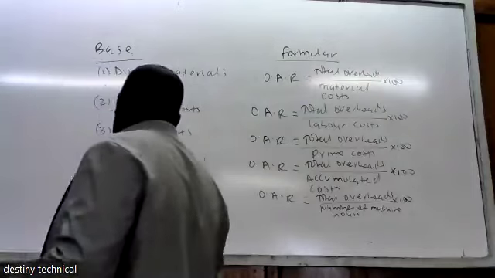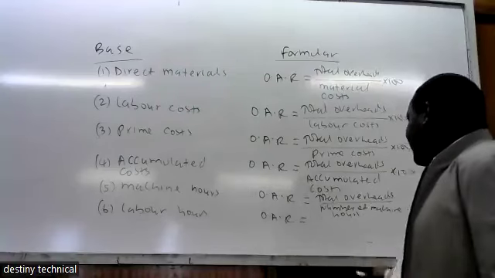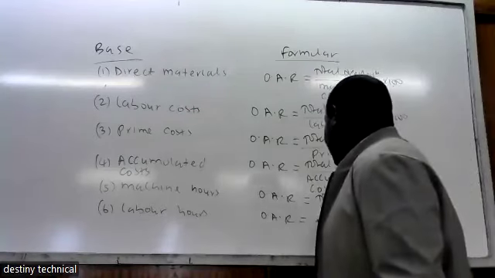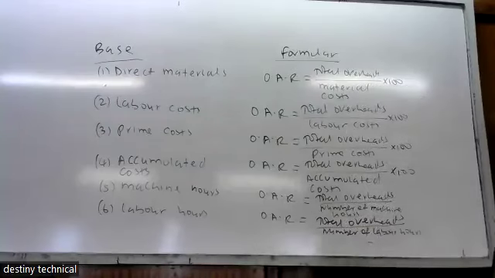For machine hours and labor hours, we shall not be multiplying by 100. So this one is total overheads divided by the number of labor hours.